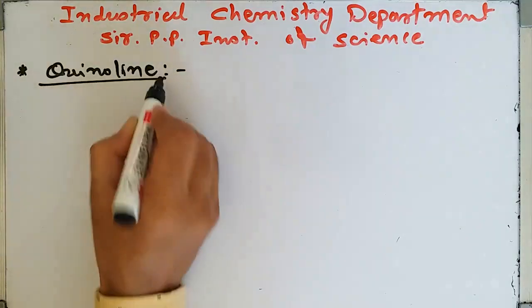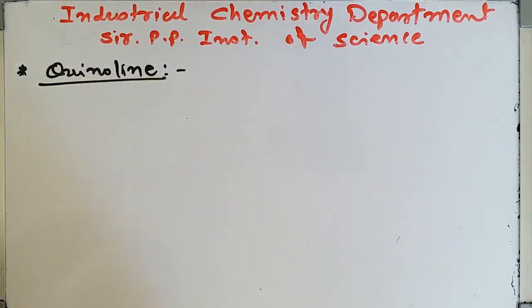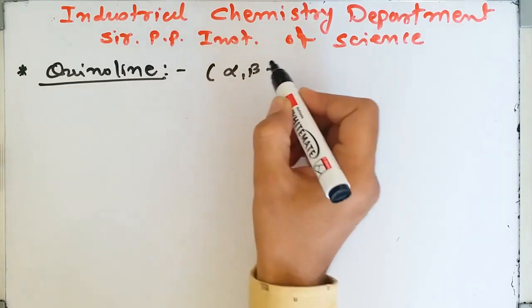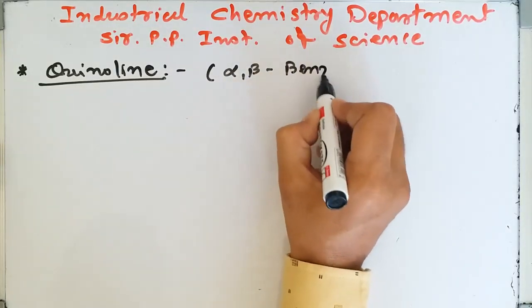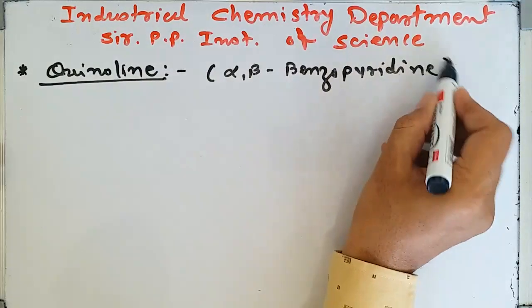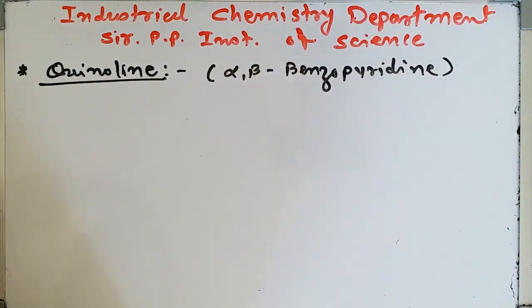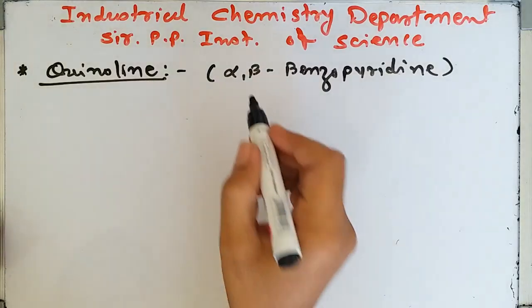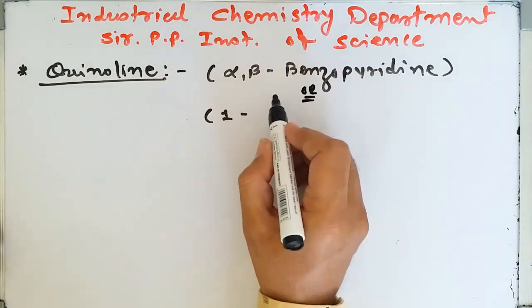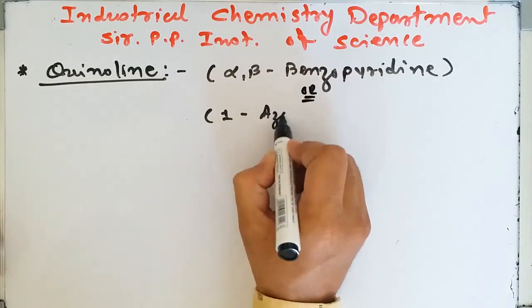Quinoline. It is also known as alpha beta benzopyridine. So it is a fused 6-member ring heterocyclic compound. It is also known as 1-azanaphthalene.